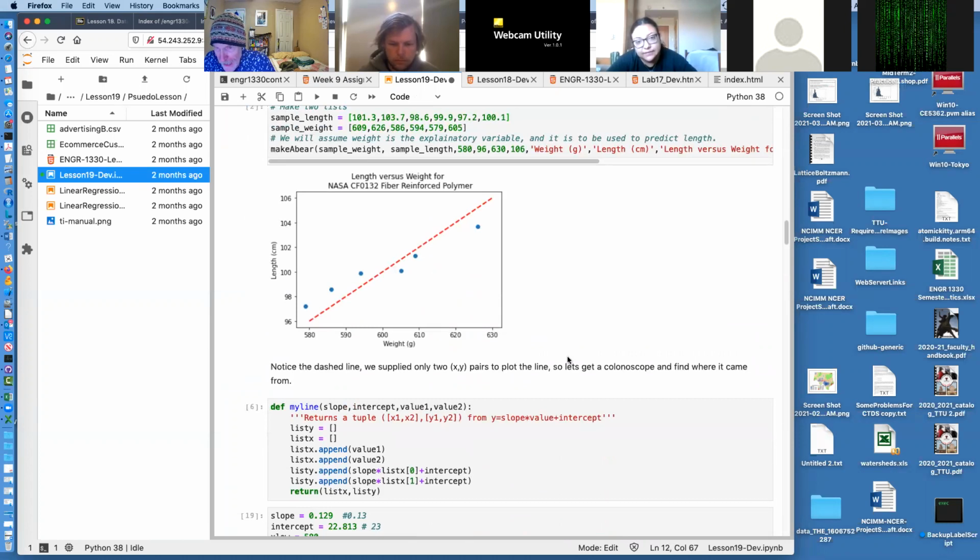So now if I have a 100 centimeter long piece of fiber, what do I expect it to weigh? 100 centimeter, not 100 meters. That'd be a big piece of fiber. Around 600 grams.